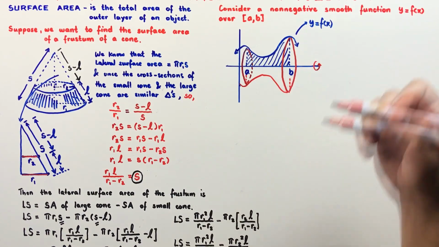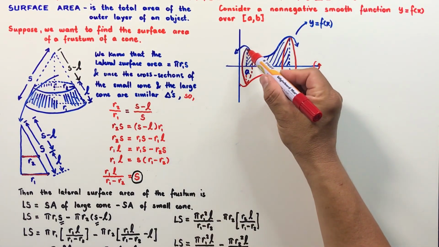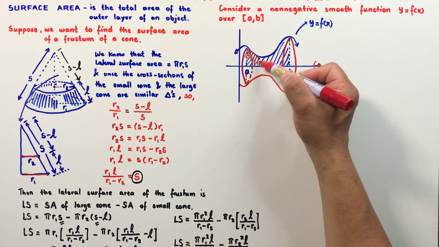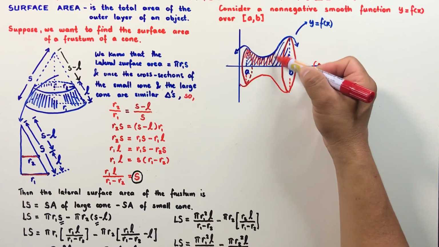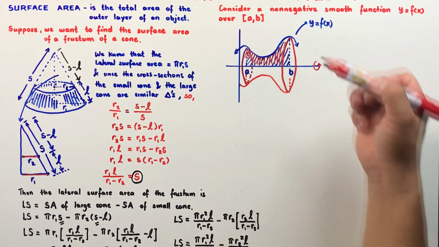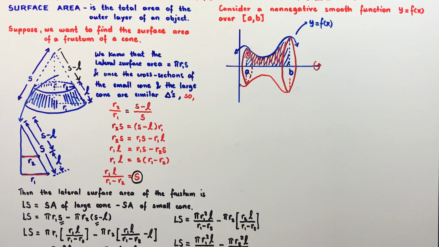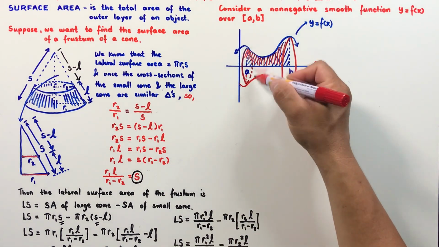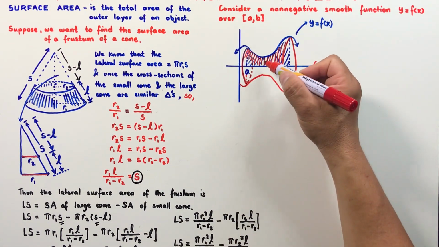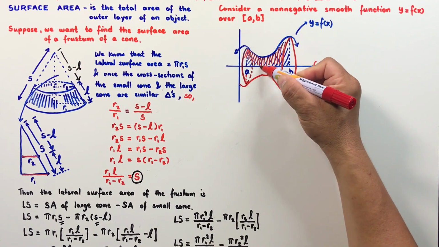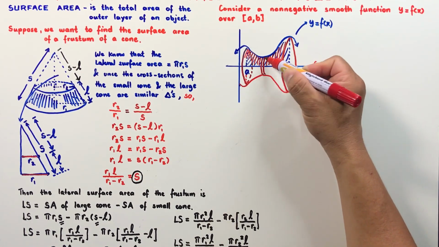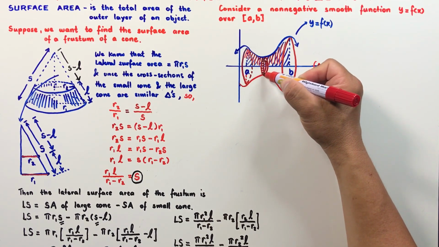Our goal is to find this surface area and not the volume of the solid. So by intuition, we can slice the whole surface into smaller pieces. And suppose this is one of the smaller slices, this one here.